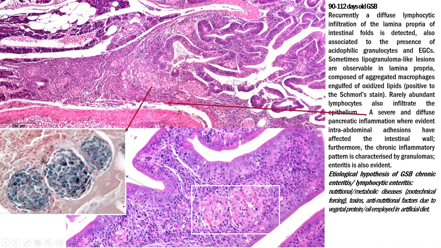And in this picture, we only put in evidence the presence of macrophages engulfed with cellular debris inside, and we use in this case the Schmorl staining to put in evidence the lipogranuloma-like lesions present in the lamina propria.